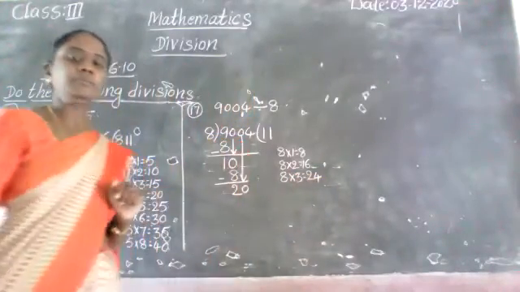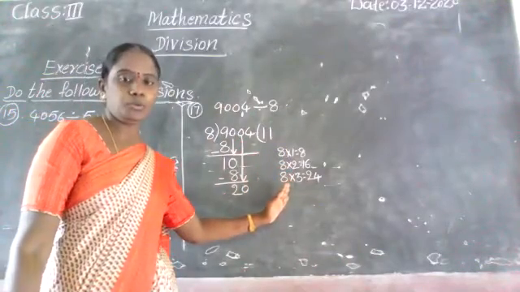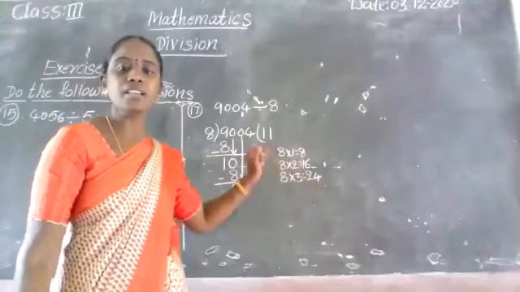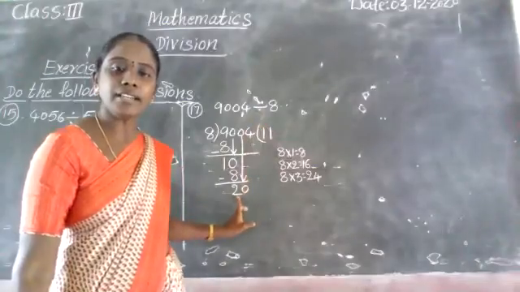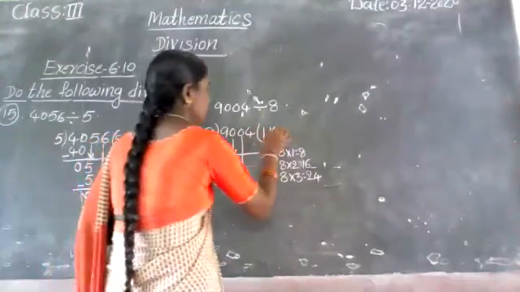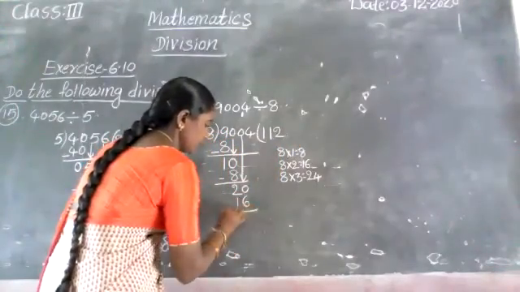Is 20 there? No. So 8 twos are 16. Very good. 8 twos are 16. Write 2 in the quotient place. Write 16 below the dividend.